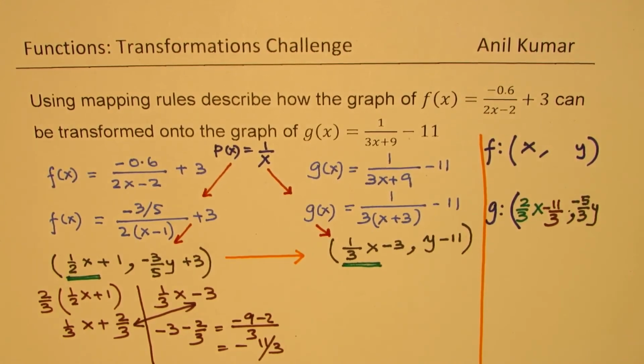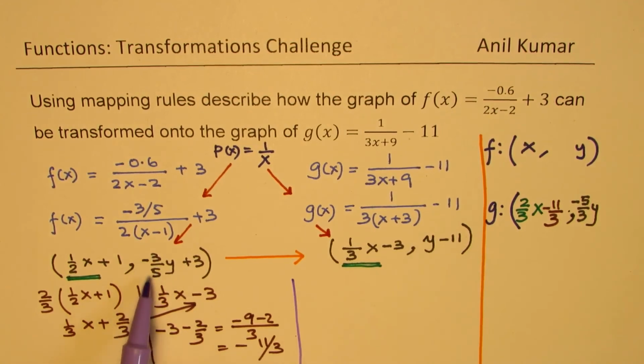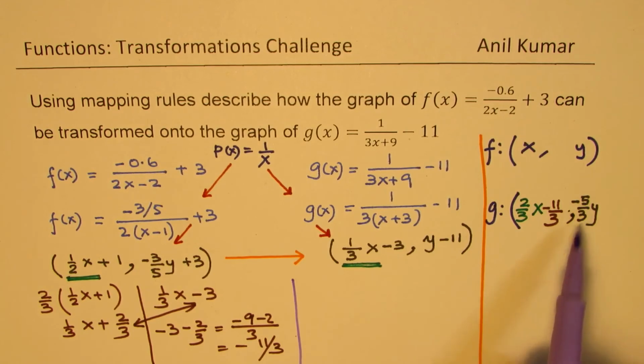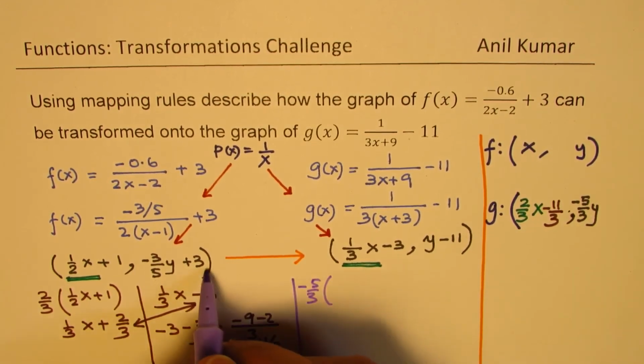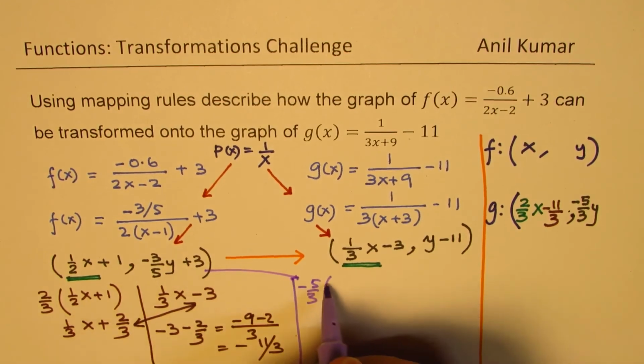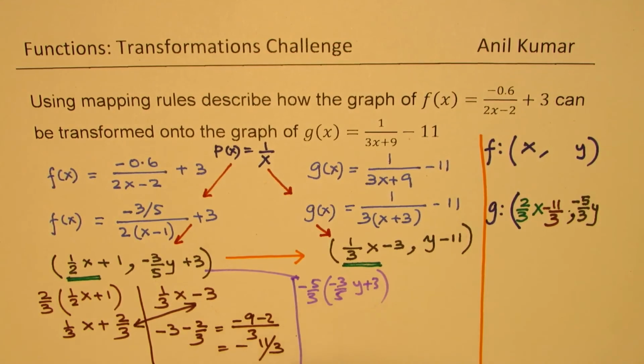Perfect. Now we are going to do exactly a similar thing for the vertical. In the vertical part, you see we have minus 3 over 5y plus 3 here. We multiplied by minus 5 over 3. If I multiply this term, minus 3 over 5y plus 3, by minus 5 over 3, what do I get? I get y minus 5, since the 3 and 3 cancel.